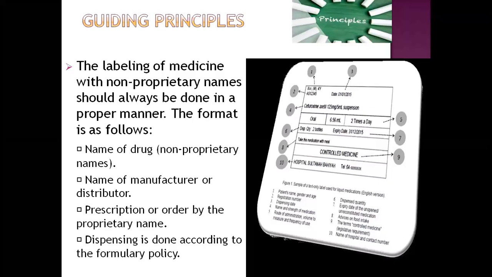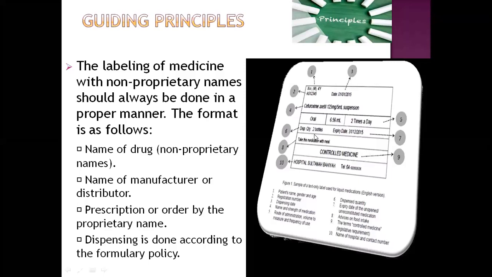Here in the label, you have to see the name of the drugs along with the date when the particular prescription was given by the particular physicians or medical staff. Here is the name of the particular drugs along with the brand, along with the strengths, and here you have to see oral with how many mLs and how many types.